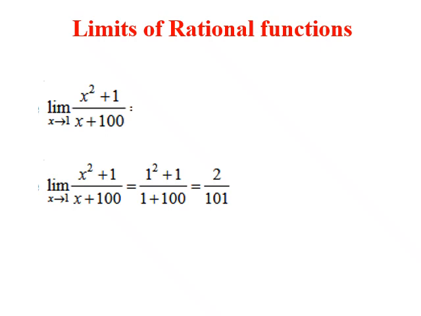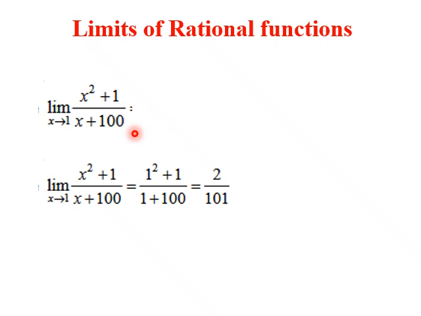Now let us try to find the limits of some rational functions. A rational function is one in the form p by q, with a numerator and a denominator. We want to find the limit as x tends towards 1. So first we will put x equal to 1 in this expression and see what happens.